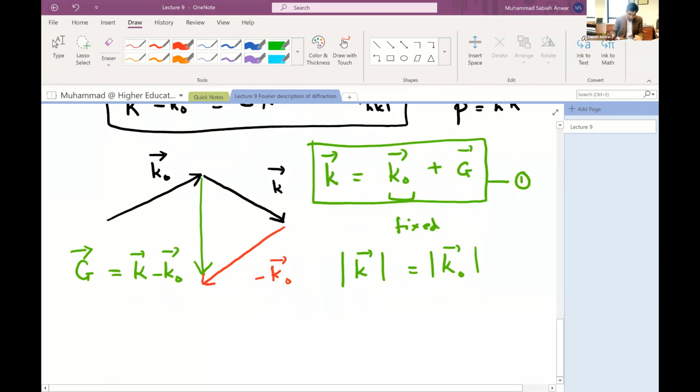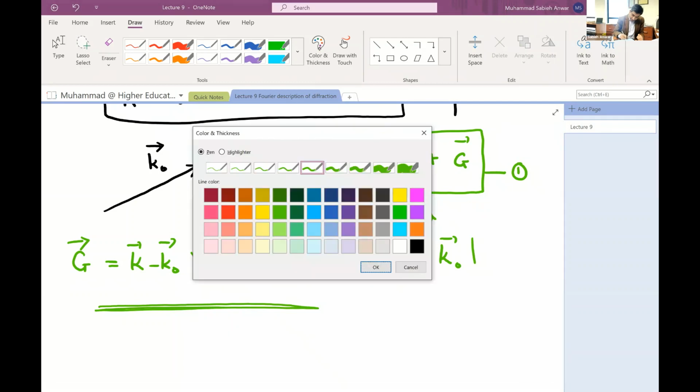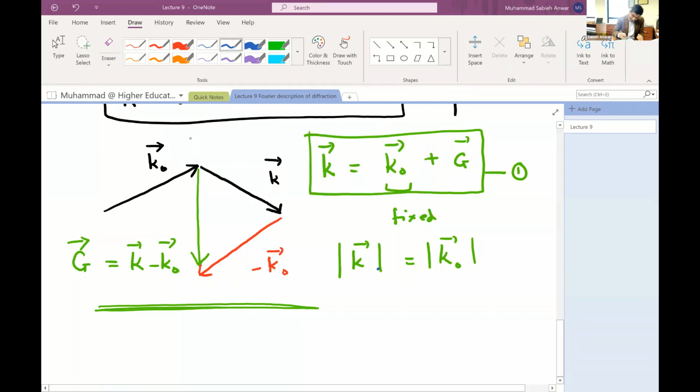And by the way, if you look at the diagram that I've drawn over here, I can form a plane. So I can form this plane here.